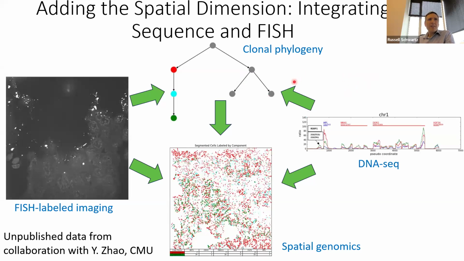But my lab is doing our own thing there with a collaborator, Lian Zhao, using very high resolution fluorescent imaging combined with DNA sequencing as a way of trying to identify what the major clones in a tumor are and where they are occurring, in a way that we can map them to very high resolution spatial images.